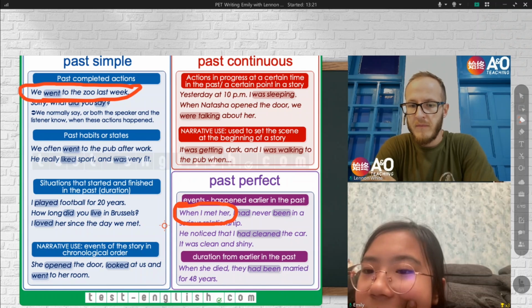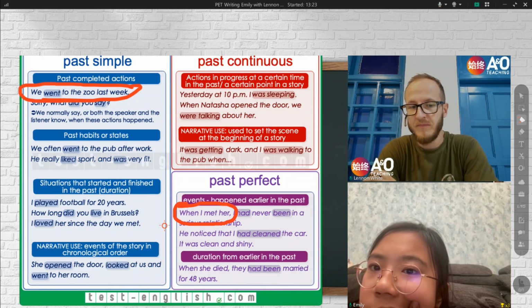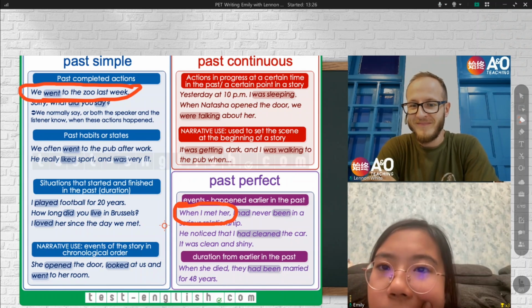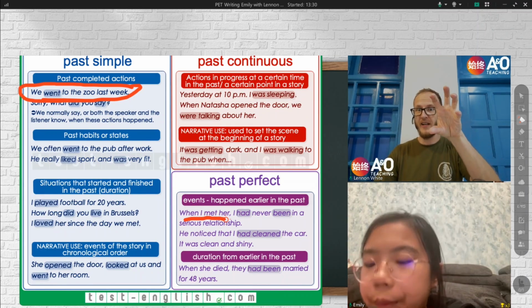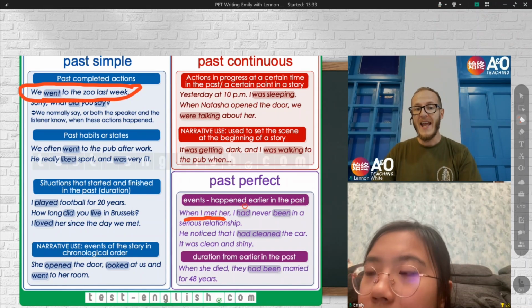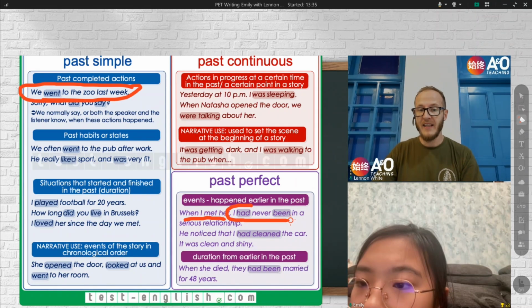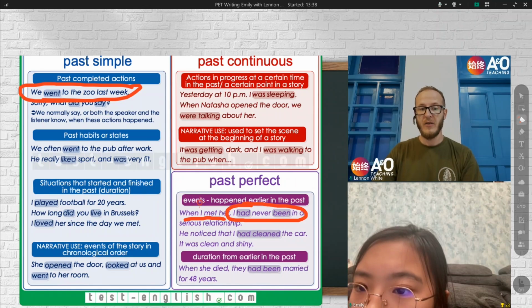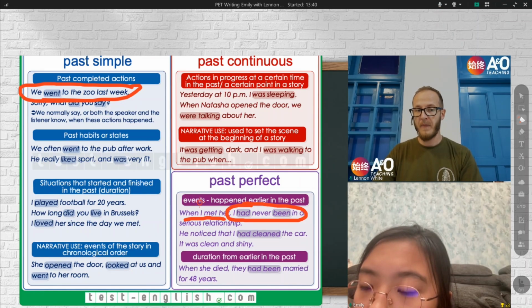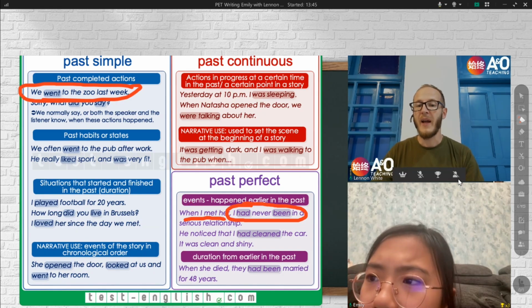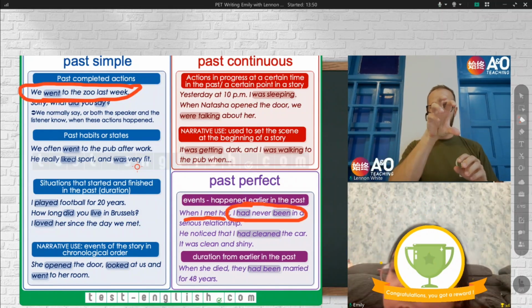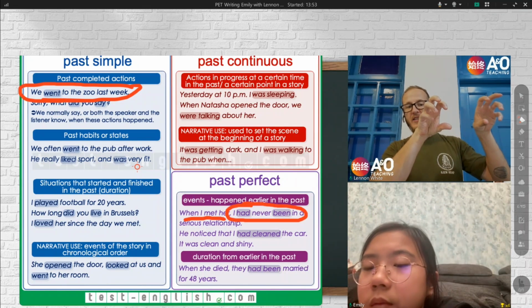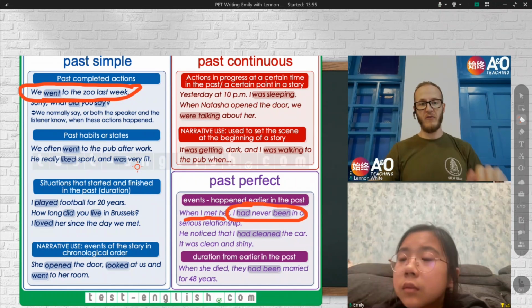Past simple, very good. So we have something in the past simple, when I met her, and then I had never been in a serious relationship. Past perfect. So met her is here, and never been in a serious relationship is earlier, before that.